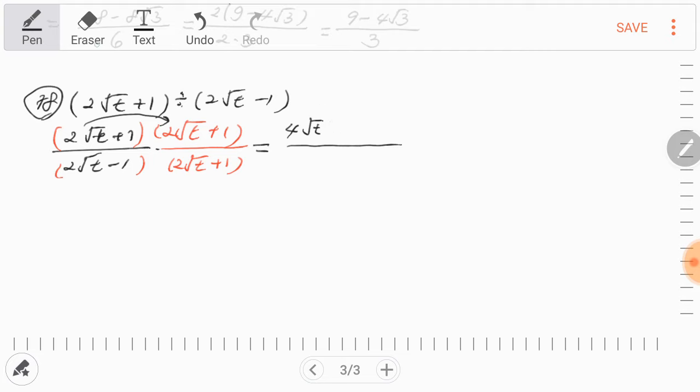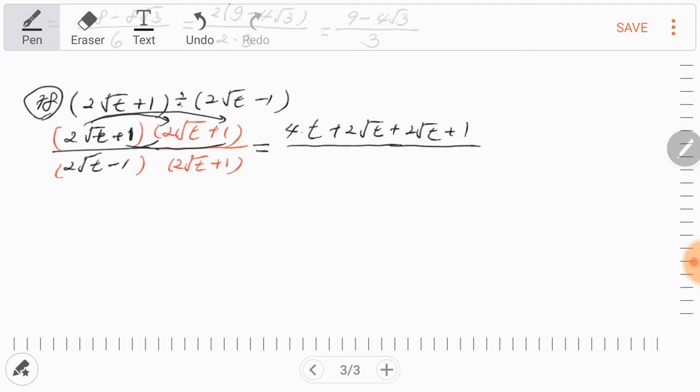T. So we write 4t. 2 times 2 is 4, and square root of t is multiplied twice, so that is t. And multiply these two, then plus 2 square root of t, and these two, plus 2 square root of t, and the last one, 1 times 1 is 1, plus 1.